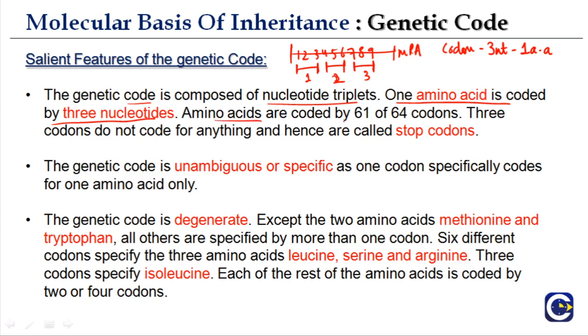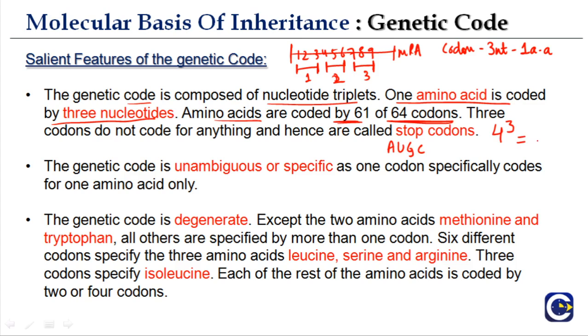Amino acids are coded by 61 of the 64 codons. And how did they reach 64 codons? How many nucleotides are there? 4 in RNA: A, U, G, C. So 4 raised to the power 3, because it is always a triplet. By probability you must have done this.